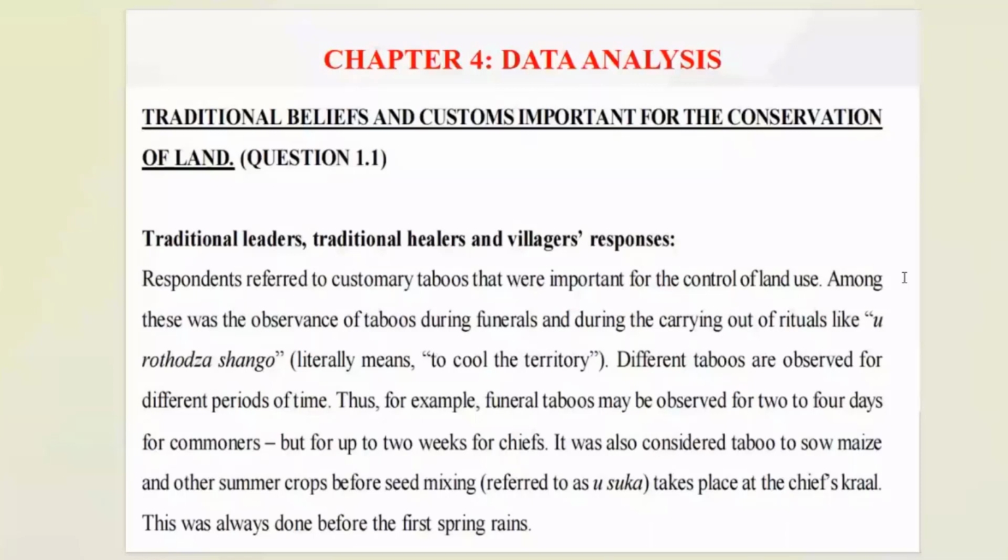We had question number 1.1, and we were asking traditional leaders, traditional healers and villagers, meaning all groups of the respondents, because each of them had their separate questionnaire, if you remember what we said in the past. But let's just hear what they said. This is raw data that I presented, the findings.